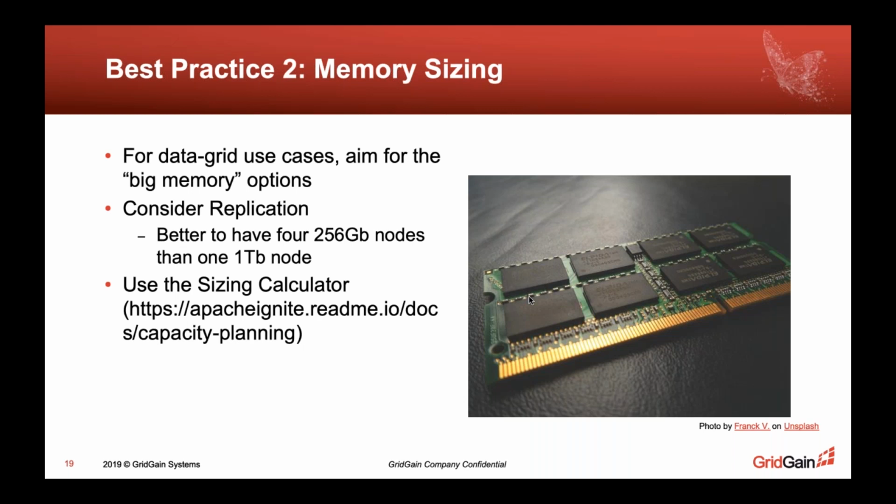Once we bring that node back up, we repopulate the data back on that node and we have no data loss. And so if we're doing replication, then we might be able to get away with more smaller nodes or VM sizes when we're deploying our in-memory grid.